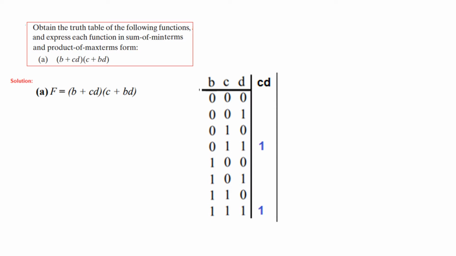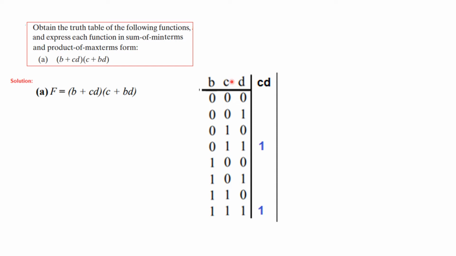Okay, so first we are trying to solve this one, and in this there is a term CD, so we'll find the relation for CD. Now when we are writing CD, that means that this is an AND function, C and D. So whenever both C and D are 1, then only the output will be 1.